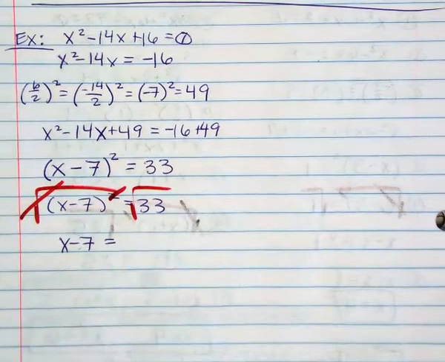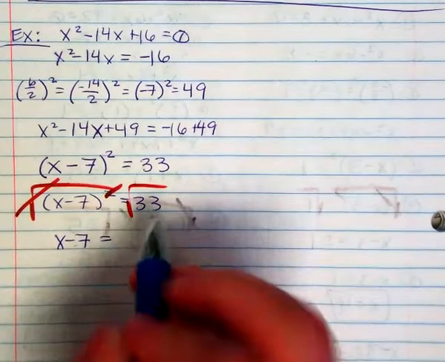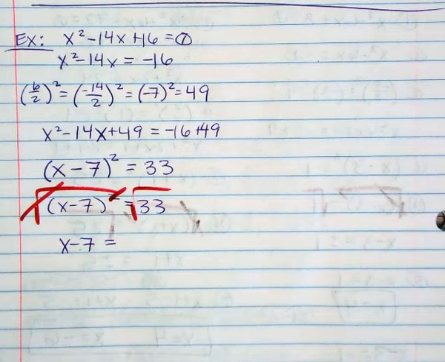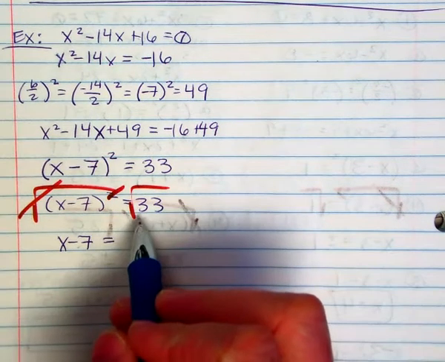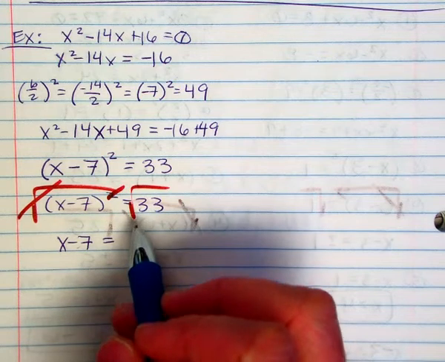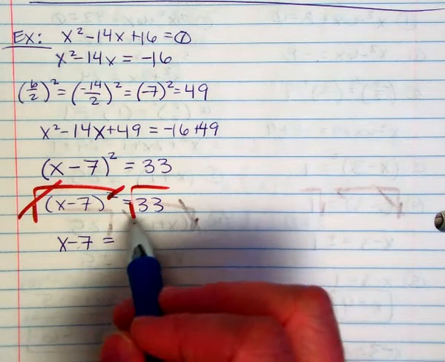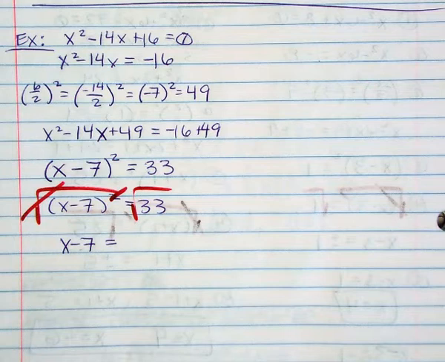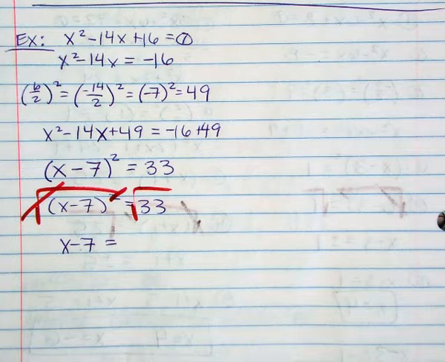But my problem is the square root of 33, there is no whole number that does that. This is an irrational number. If we actually sat here and calculated the exact square root of 33, it would never end. It's also a very long process, so we have a way of just writing this so that we know what it is.